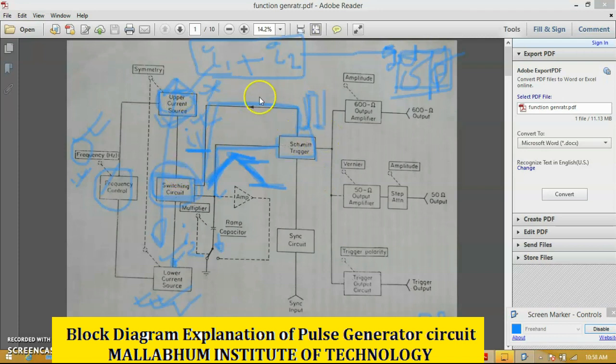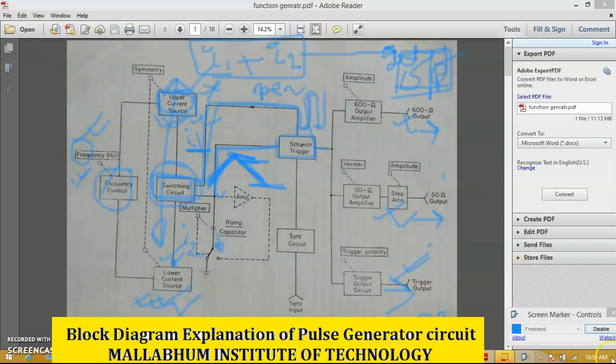Then this operation is repeated again and again. Okay, and the Schmitt trigger output is given to a different output circuit, which is a matching network for whatever purpose the output waveform is used.